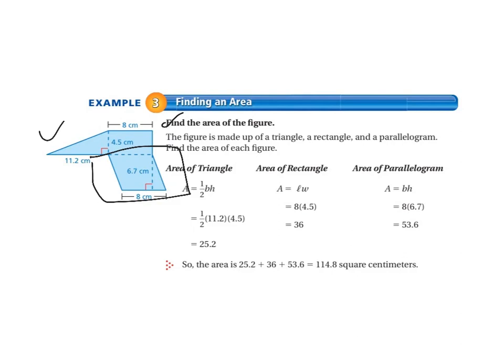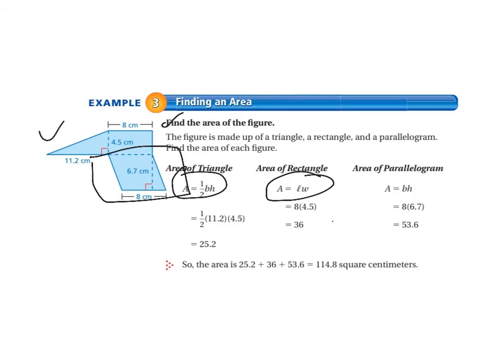So the area of a triangle, your formula, remember, is area equals 1/2 times base times height. So 11.2 times 4.5, and half of that is 25.2. And the area of the rectangle, 8 times 4.5, so area is length times width, so 8 times 4.5 is 36.